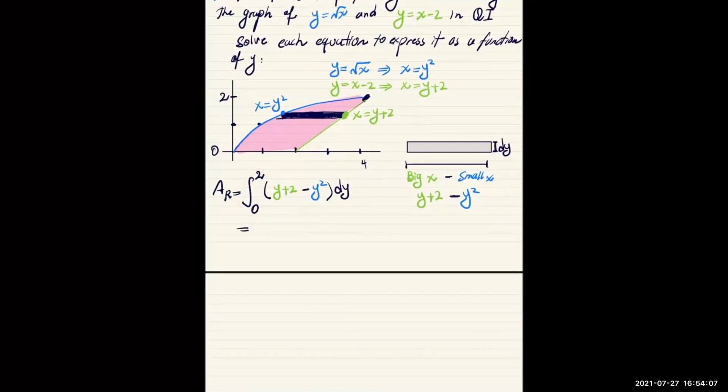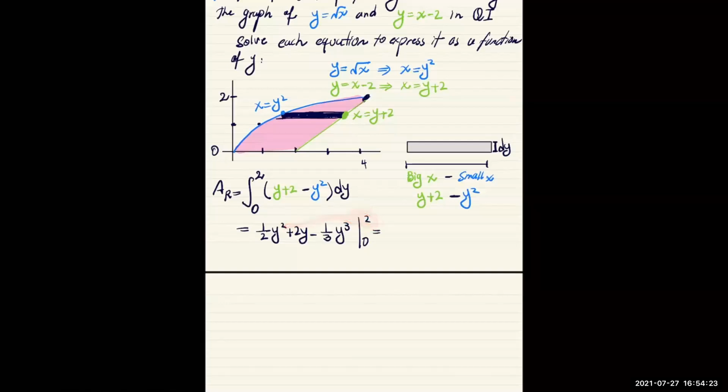So the integral is half y squared plus 2y minus 1/3 y cubed, going from 0 to 2. Plug 2 in. So you got 4 divided by 2, which is 2. Plug 2 in here, you got 2 times 2, 4.